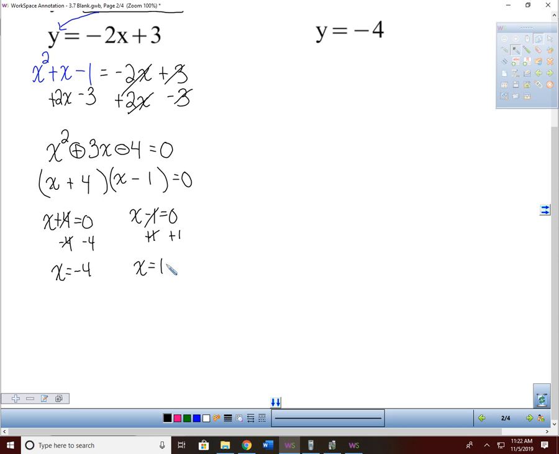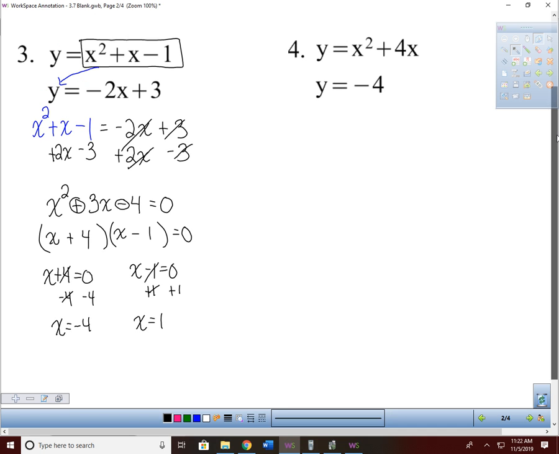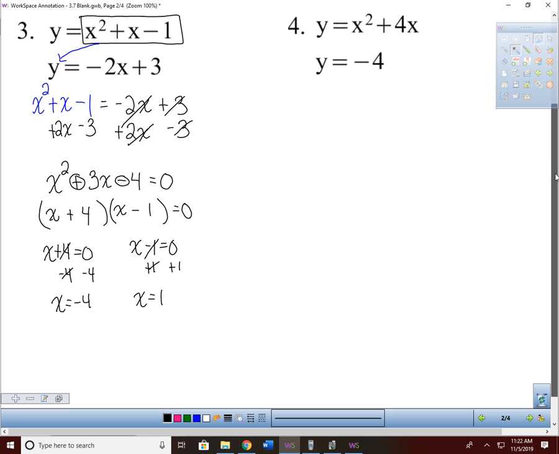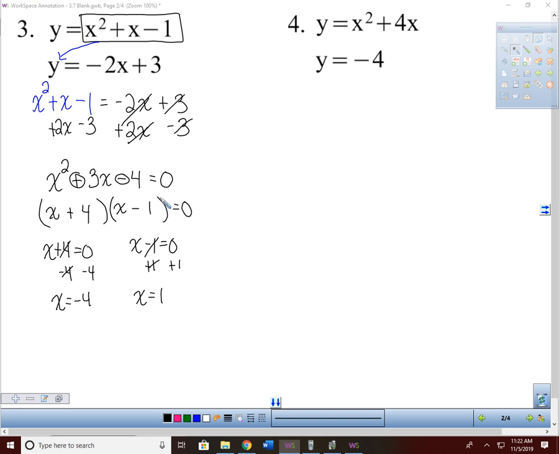Well, the problem is that I don't just want the x values of where they intersect. I want the y values as well. So in order for me to find the y values of the points, I need to plug in the x values that I just calculated. So I can plug into this top equation if I want to. I can plug into the bottom. It doesn't matter. I'm going to get the same answer no matter what I do. So since the bottom is a little less involved, I'm going to choose the bottom.